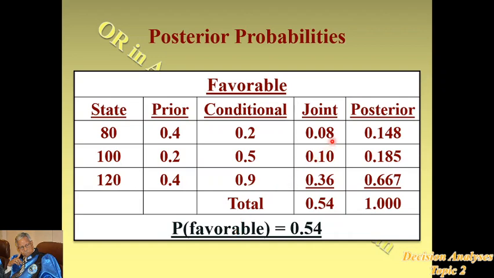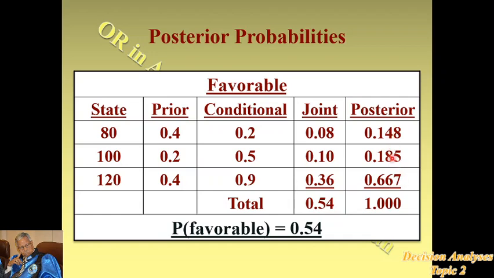By dividing the joint probability of each state of nature by 0.54, we get the posterior probabilities: 0.08 divided by 0.54 is 0.148; 0.10 divided by 0.54 is 0.185; 0.36 divided by 0.54 is 0.667.